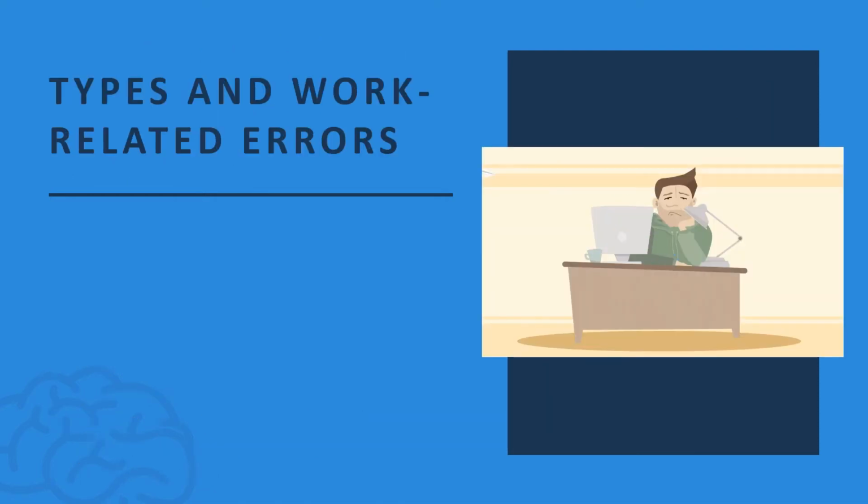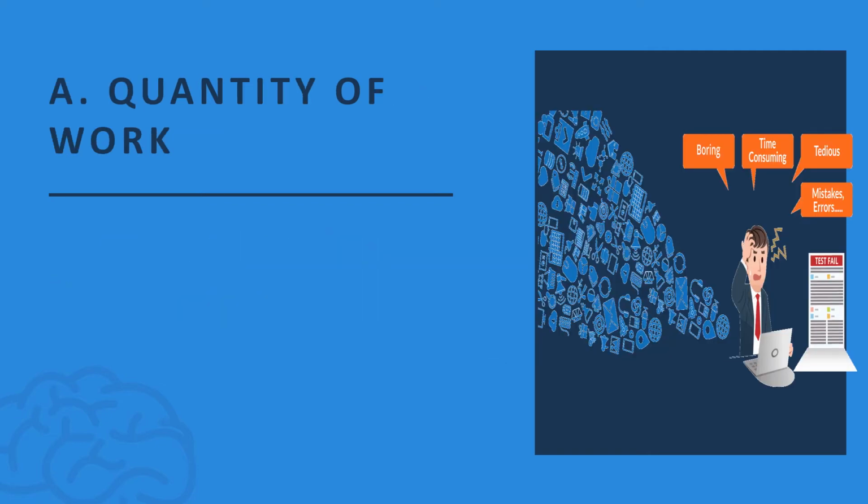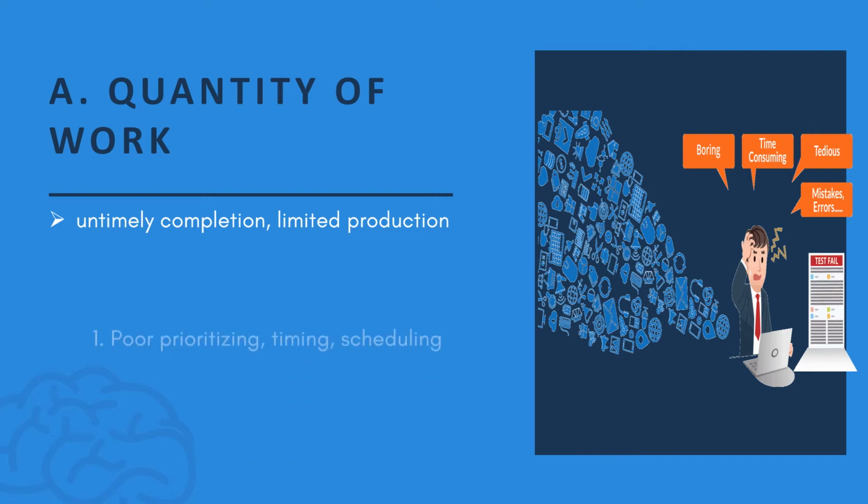There are types of work-related errors. So we have two classifications: the quantity of work and the quality of work. First is the quantity of work. The quantity of work will be affected because of untimely completion or limited production.